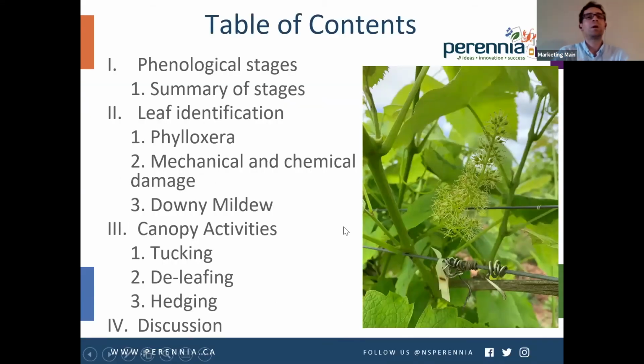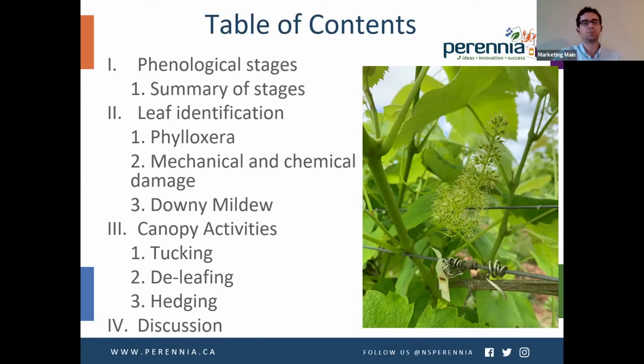So for this opportunity, I want to talk briefly about phenological stages, something similar to what Jeff did, but very brief, and to pay attention to some differences. Leaf identification as well, reinforcing what Jeff already said about phylloxera, but also taking a look at mechanical and chemical damage, and also downy mildew, because these are typical questions that we receive of what is that.